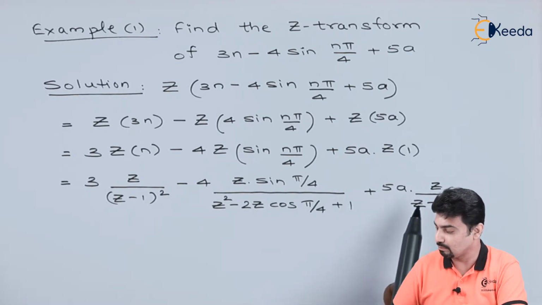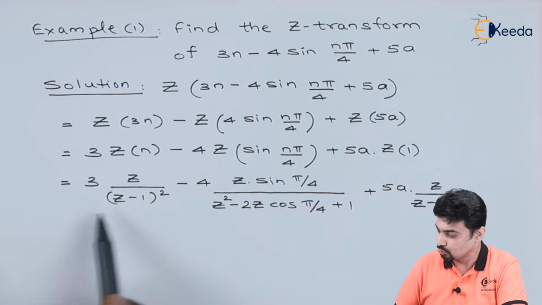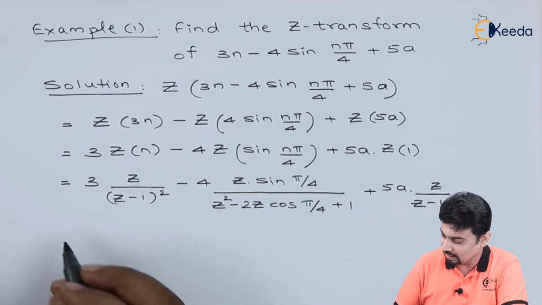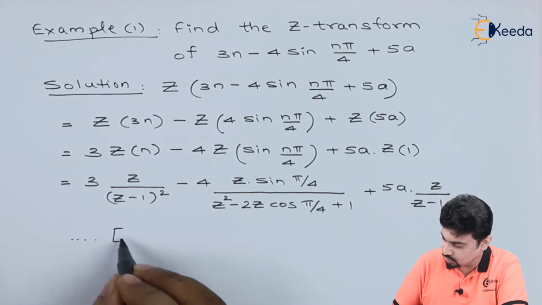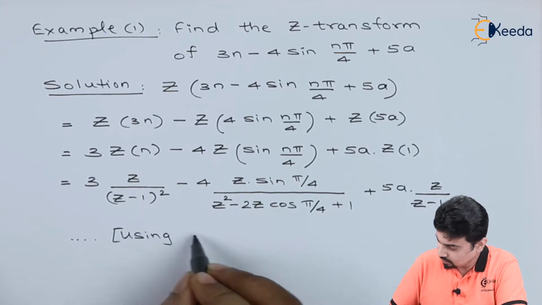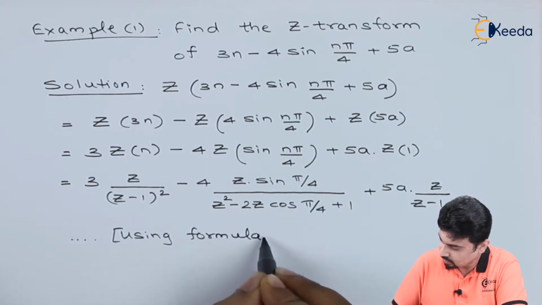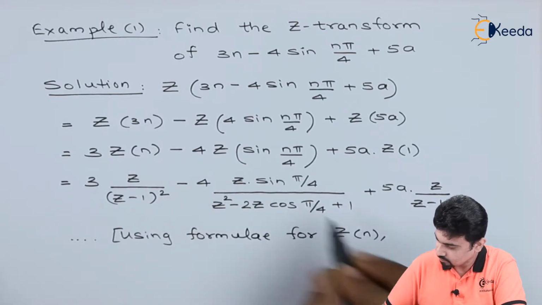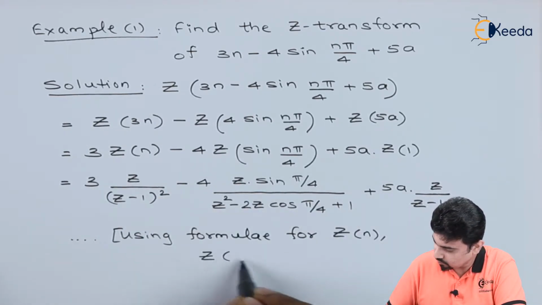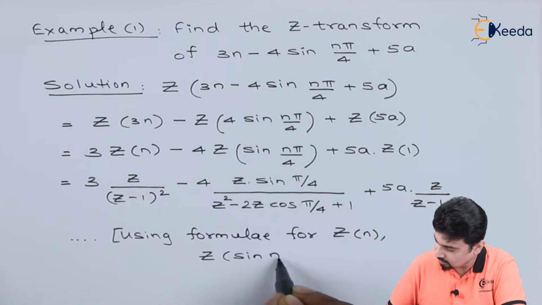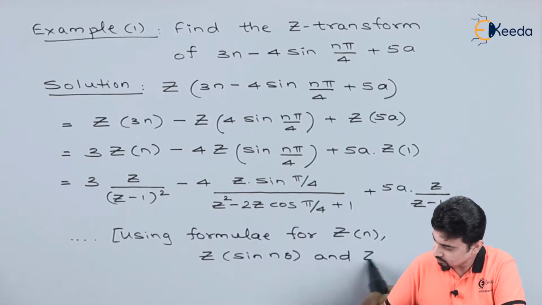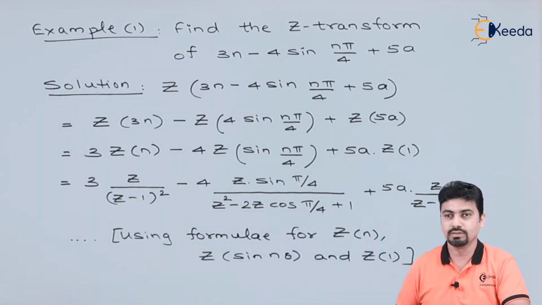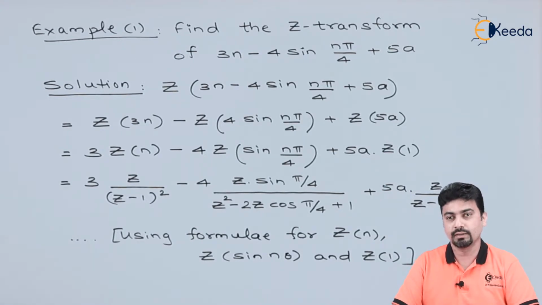Z of 1 is nothing but Z upon Z minus 1. So this is the final answer. We can write that this was using formulae for Z of n, Z of sine n theta and Z of 1. Let us now take the second example.